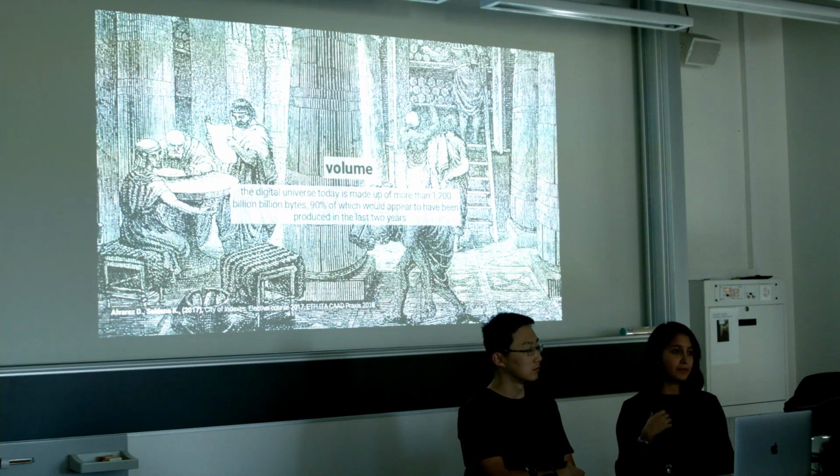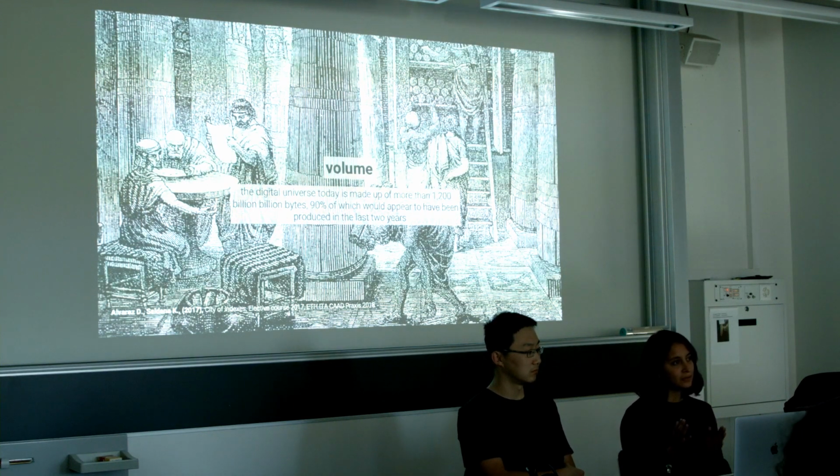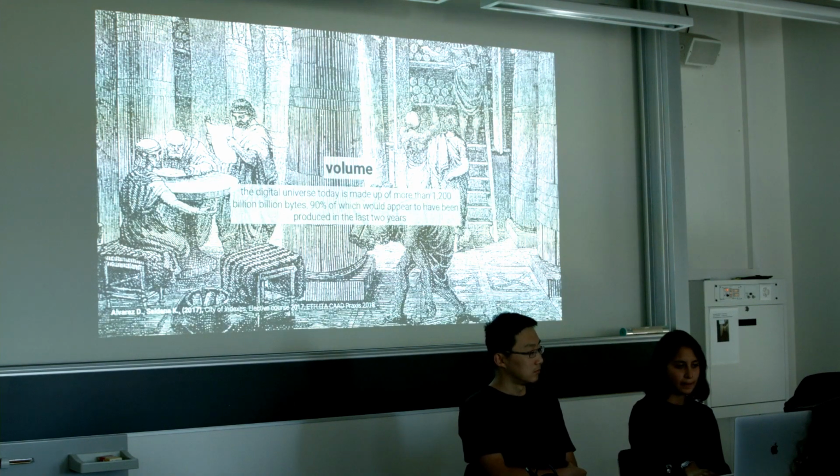The Library of Alexandria was one of the largest and most significant libraries of the ancient world, 3 centuries before Christ. And as I said before, just to stress this idea, the digital world is today made up of more than 1,200 billion bytes, and it's amazing that in only the last 2 years we have produced 90% of it.